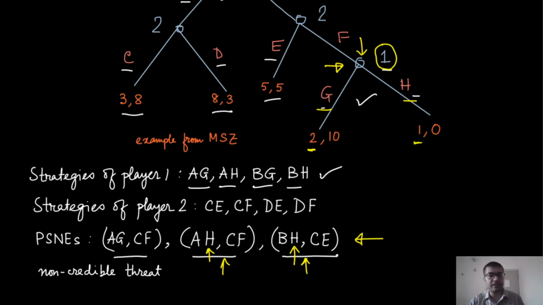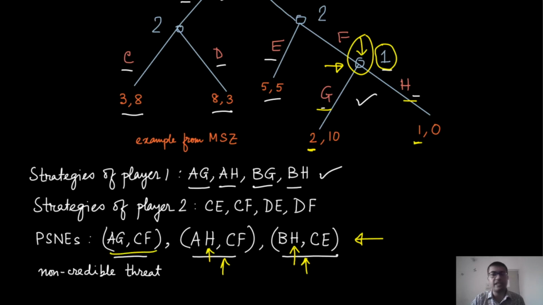So even though it's a pure strategy Nash equilibrium, this threat is quite non-credible. Player 2 also knows that if the game ever comes to this non-terminal history, player 1, being rational, will never choose H. So therefore, these two equilibria, even though they give some guarantees in terms of Nash equilibrium, are never a credible threat.